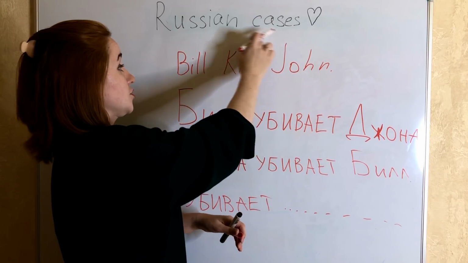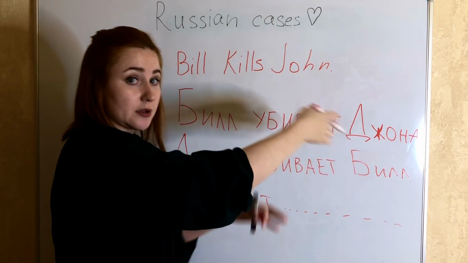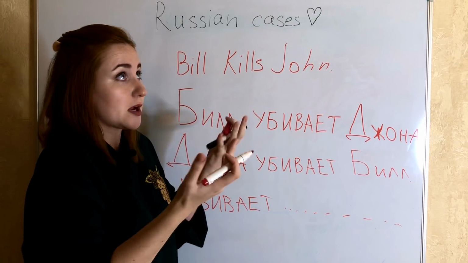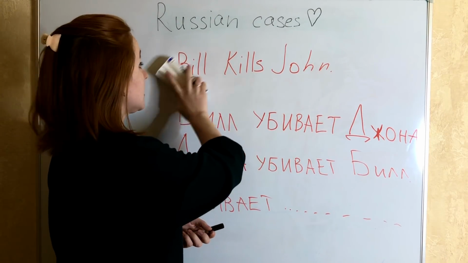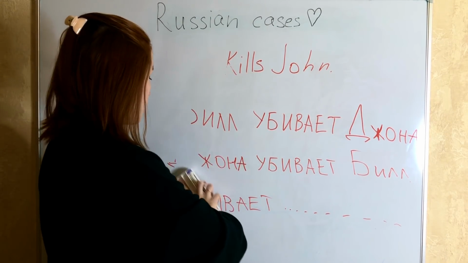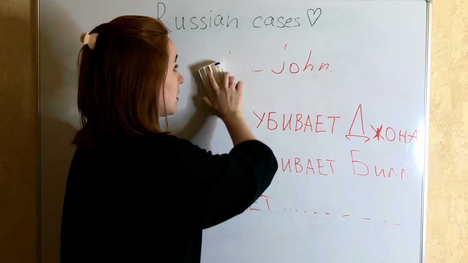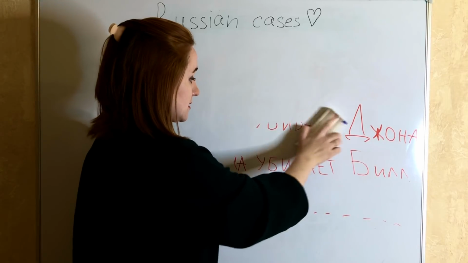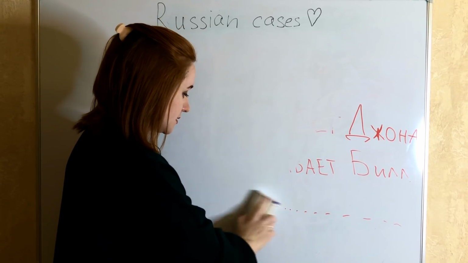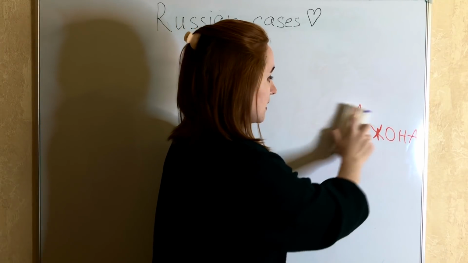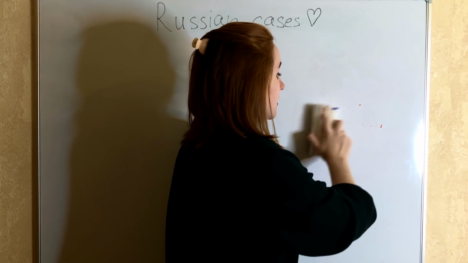If you put John kills Bill, you lose the meaning completely. It becomes the opposite. And in Russian, no matter where you put those words, you will know the meaning of the sentence. So I hope you understand this difference between Russian and English.